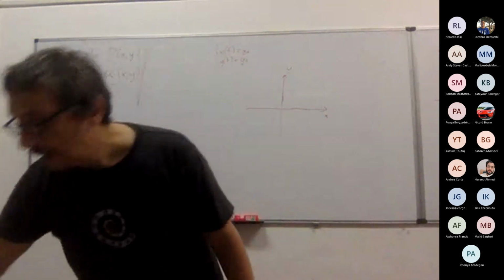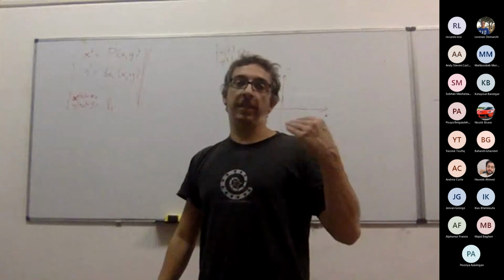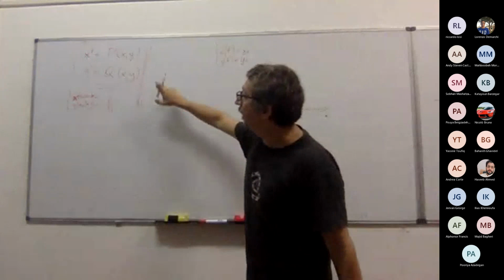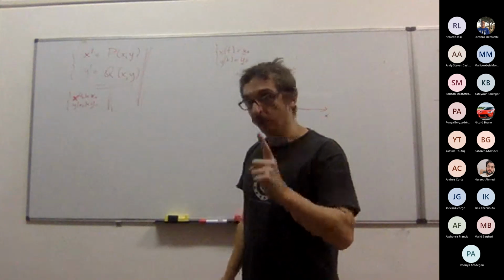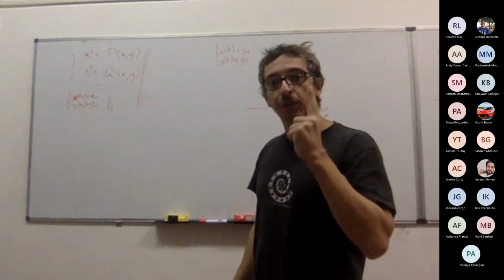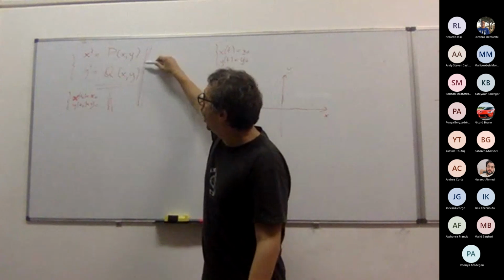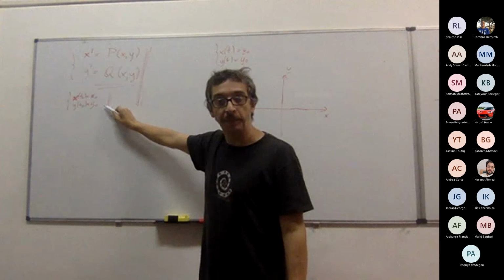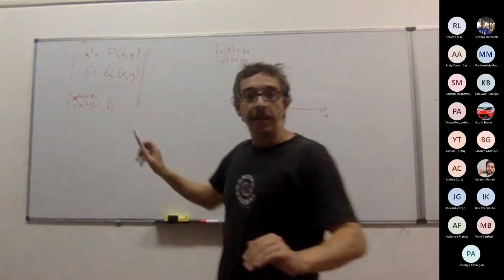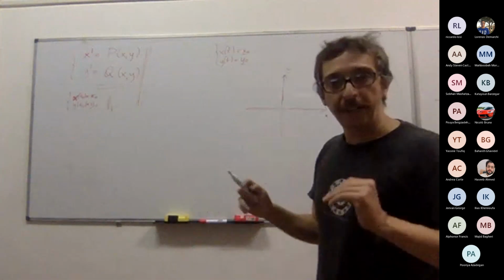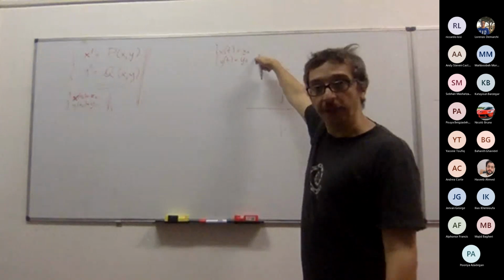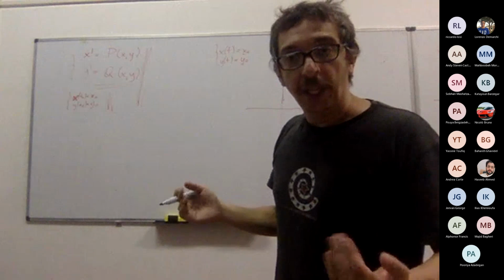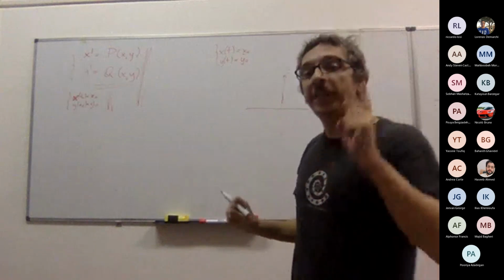Okay? Now, the existence and the unicity theorem tells you that there is only one solution of this system with this initial data. Whatever the solution is, either just a point or a curve, so an orbit, it must be unique.